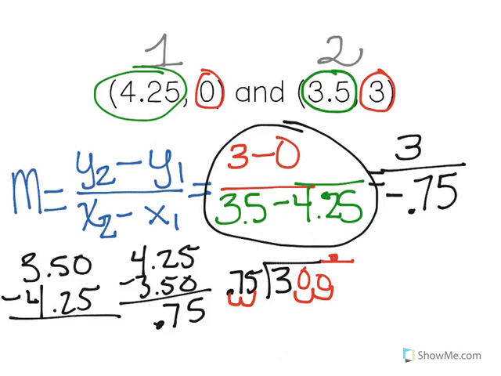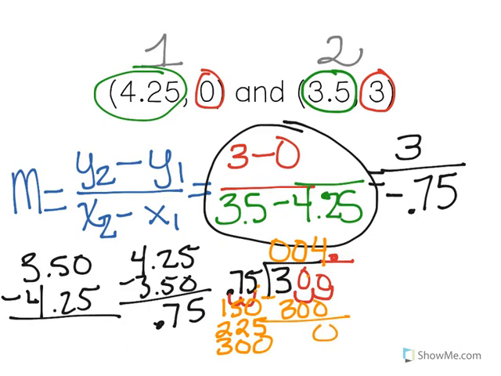So I know that 75 plus 75 is 150, plus 75 is 225, plus 75 is 300. So 75 goes into 3 0 times, 75 goes into 30 0 times, but it goes into 300 4 times. So my answer is negative 4. That is my slope.